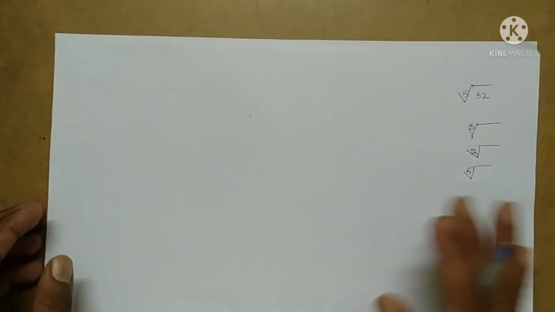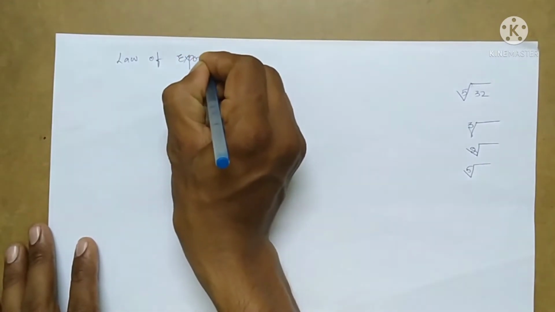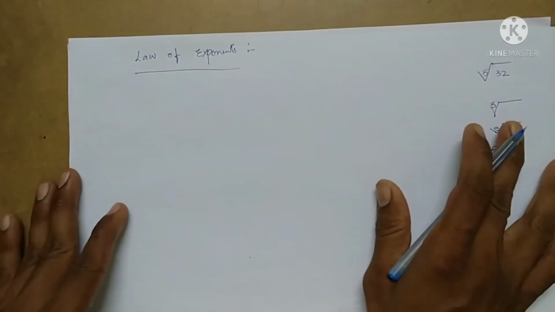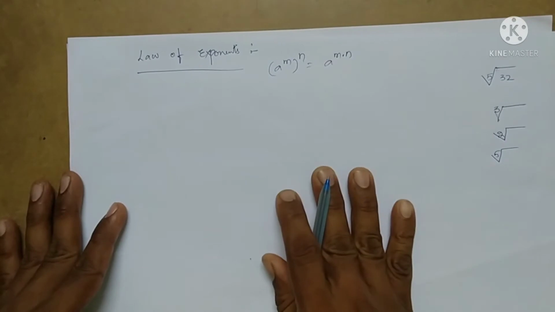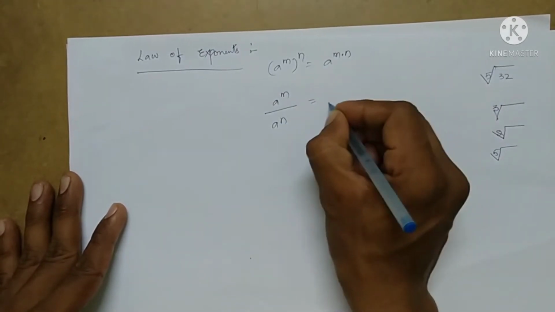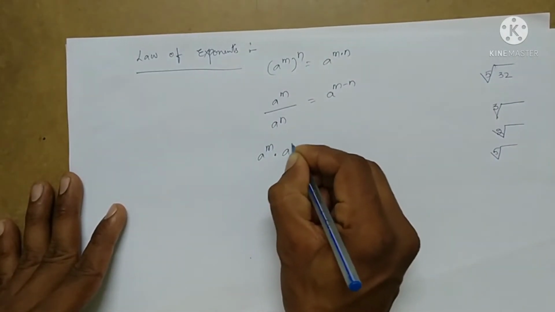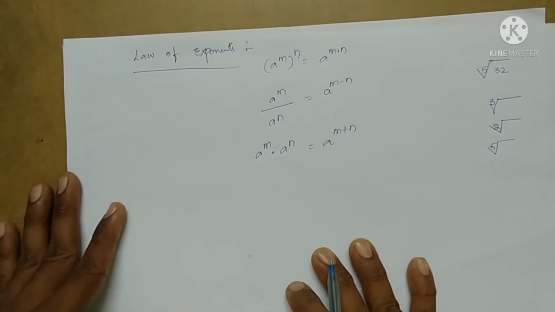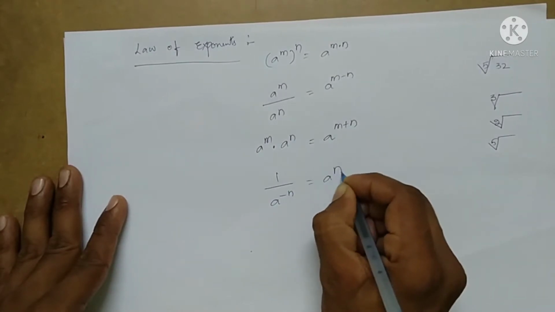The laws of exponents: a power m whole power n is equal to a power m into n. a power m by a power n is equal to a power m minus n. a power m into a power n is equal to a power m plus n. 1 by a power minus n is equal to a power n.